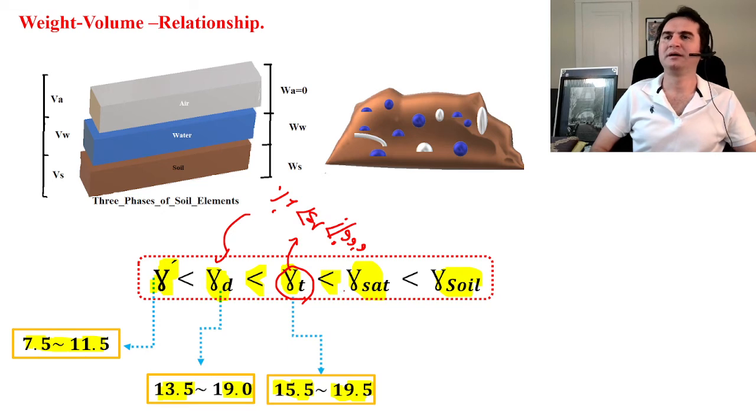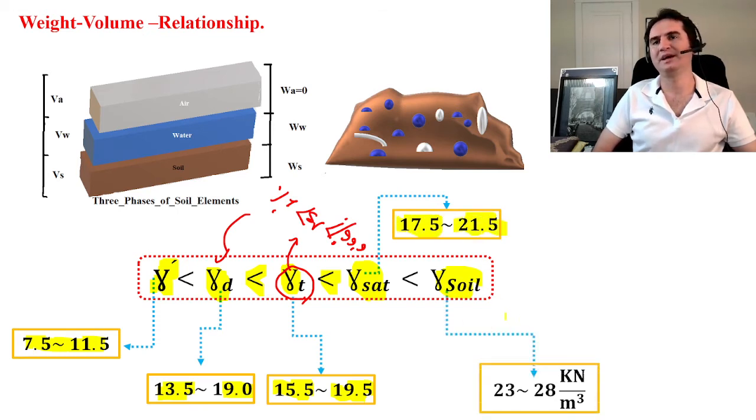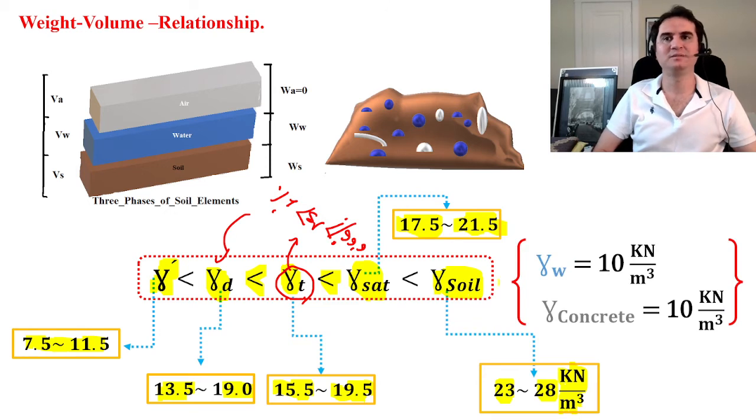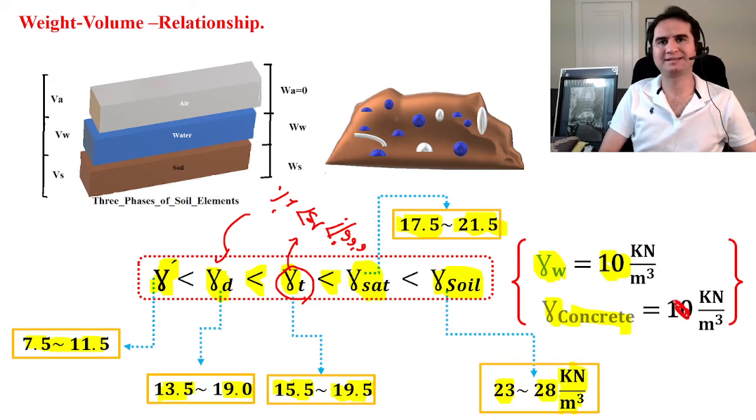And then gamma saturated is in the range of 70.5 kN per cubic meter to 21.5. And gamma soil, just for the grain part, is between 23 and 28 kilonewtons per cubic meter. And if you make a comparison between gamma water, which is 10, and gamma concrete, my bad, that's again 24 kN per cubic meter.